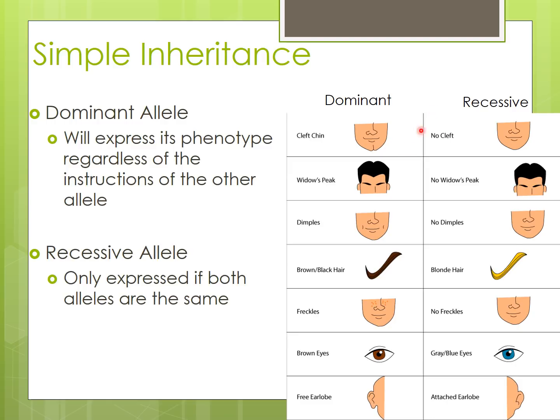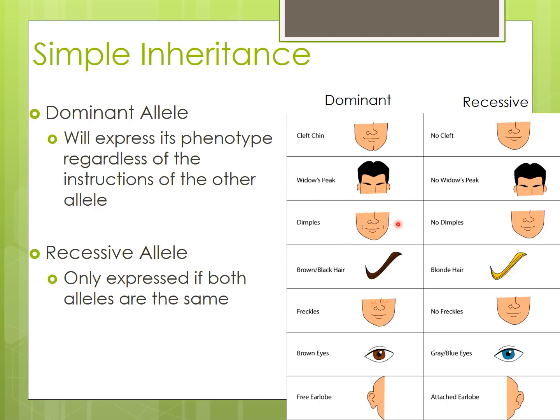Another example would be dimples. People with dimples, it's a dominant trait. More people are observed with dimples. If you have one allele for dimples, it will mask the other allele that does not have dimples. So you don't always see people with dimples, but people carrying the dimples gene would observe dimples even if they only had one allele.